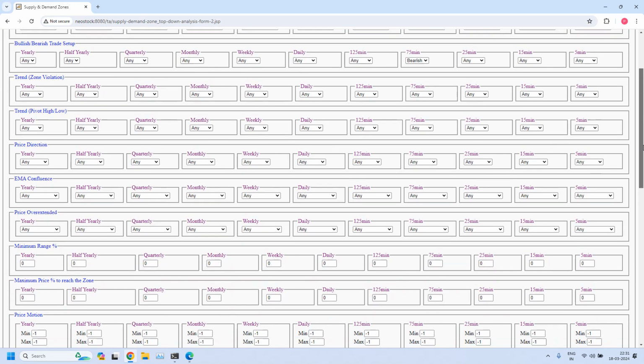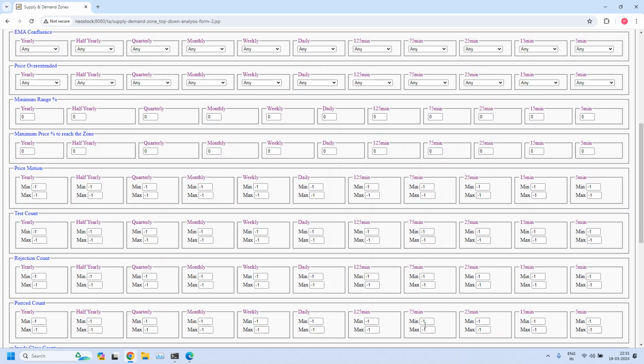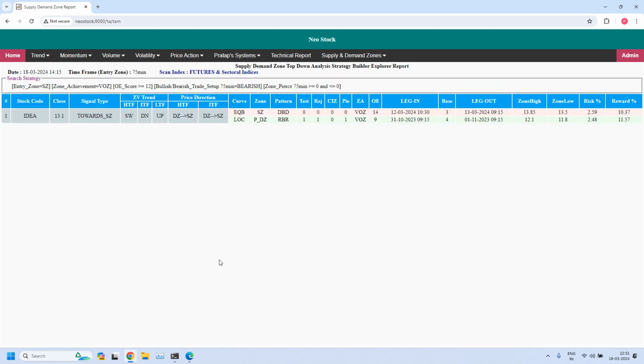And we don't want PRs or zones for trading. So I am setting PRs count on 75 minutes as 0. Minimum 0 and maximum 0. And zone achievement should be violated opposing zone, and minimum odd enhancer score should be 12. We have only one stock idea.